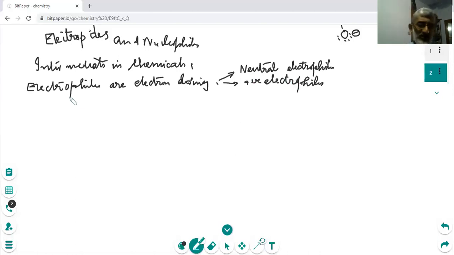What examples can you take? H plus is the simplest positive electrophile. H plus can accept a pair of electrons to form a bond. Then you have Cl plus, Br plus. You wonder how you get Br plus. That is the preparation of these electrophiles.